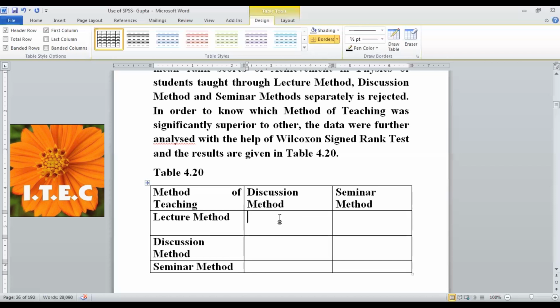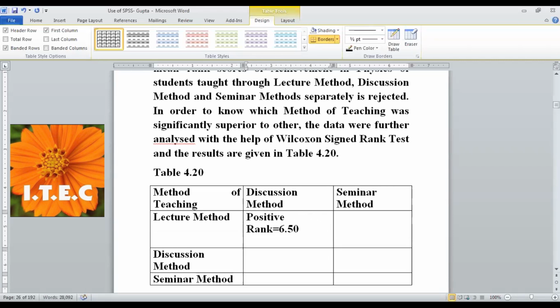Here I can write down the mean ranks. Yes, it is positive rank. And here the mean rank is 6.50.